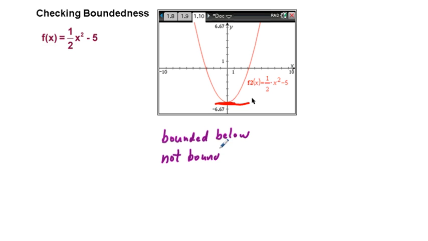And this is a characteristic of a basic non-flipped quadratic function. It will be bounded below. Now, if we have negative 1/2 out in front, we would be bounded above and not below.